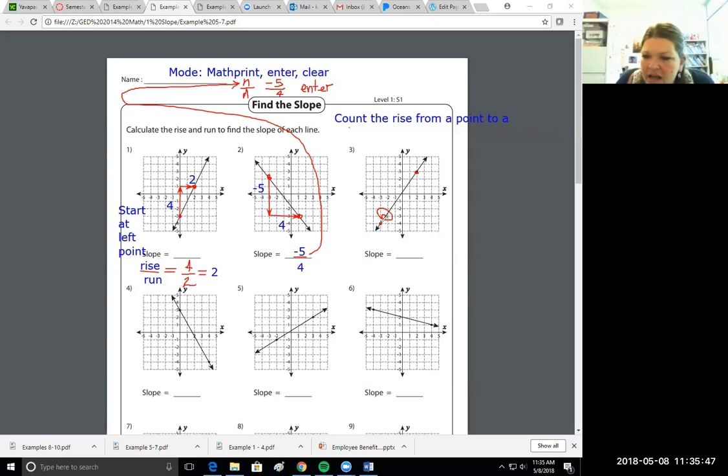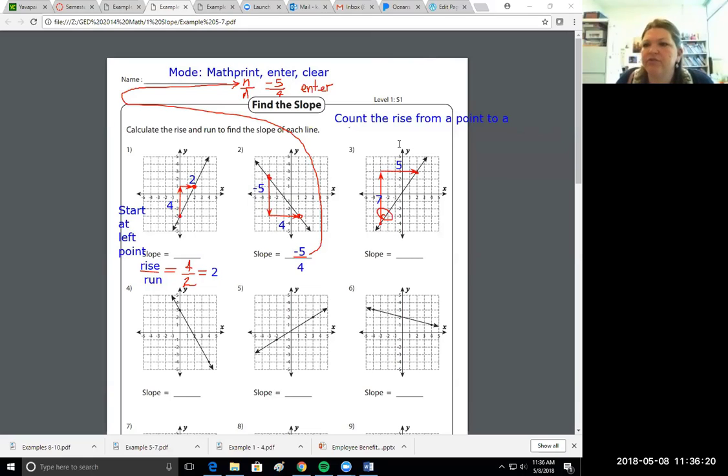Okay, so let's see how far we'd have to rise first to get from the leftmost point to the right point. So I'm having to rise 1, 2, 3, 4, 5, 6, 7. I have a rise of 7. And then my run, I'm going to start from there and I'm going to go over 1, 2, 3, 4, 5. 7 over 5.